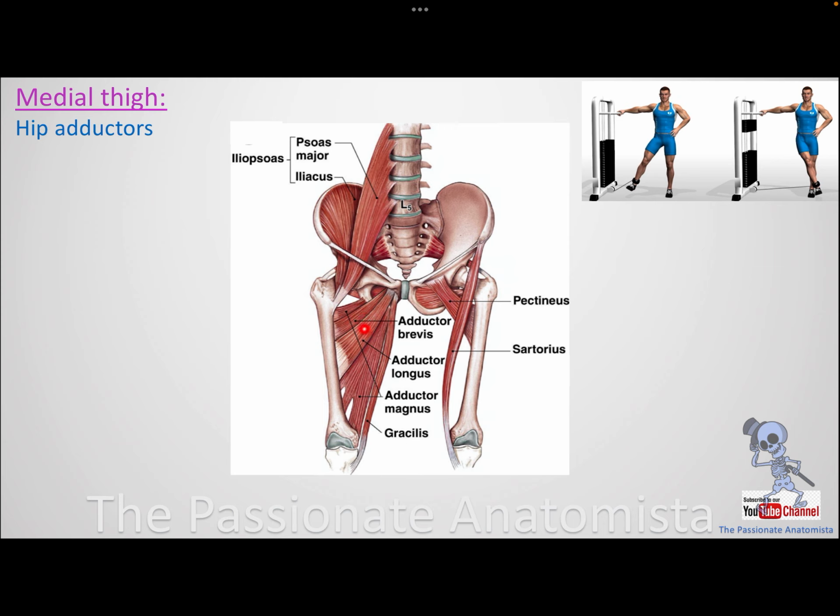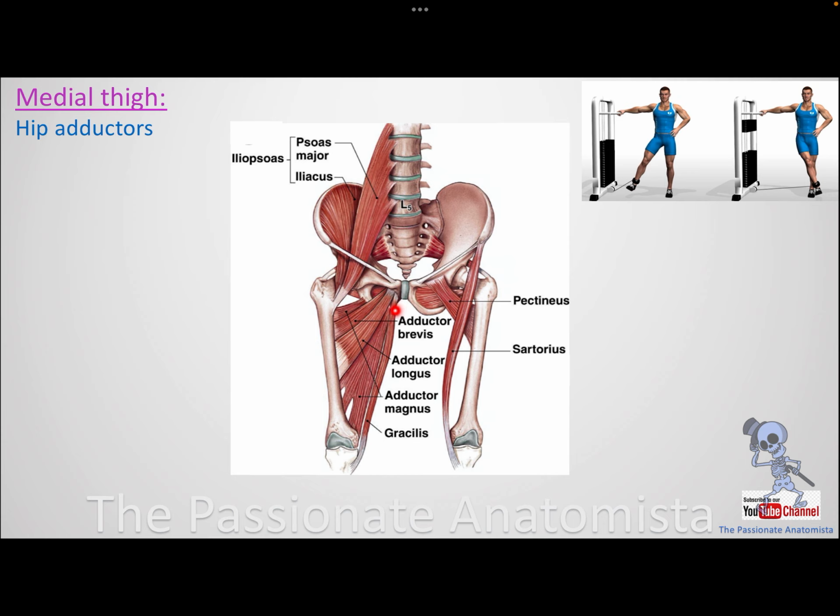Here they are trying to show you the muscle, but in reality, we don't see the brevis unless we remove the adductor longus. All right. So you have the adductor longus, and then brevis, and then you have the adductor magnus, and magnus is a big one, and then you have the gracilis. All right, so the gracilis is going to be one of the adductors, but it doesn't have the name adductor. Gracilis means cylindrical in shape.